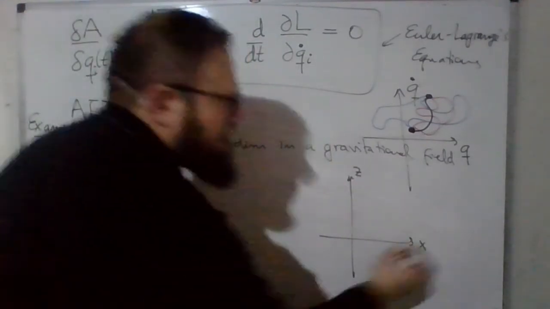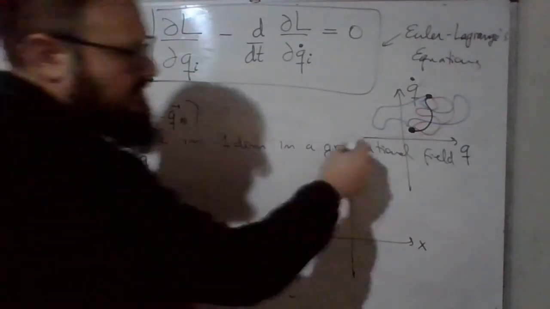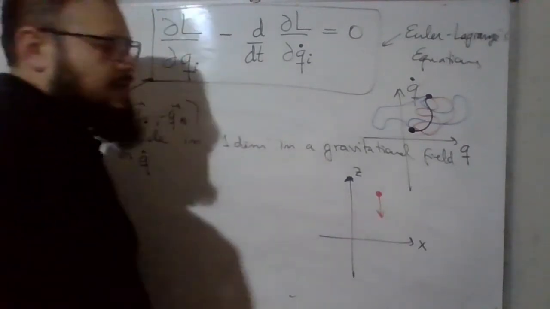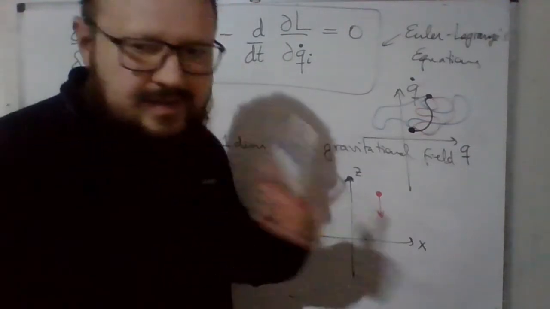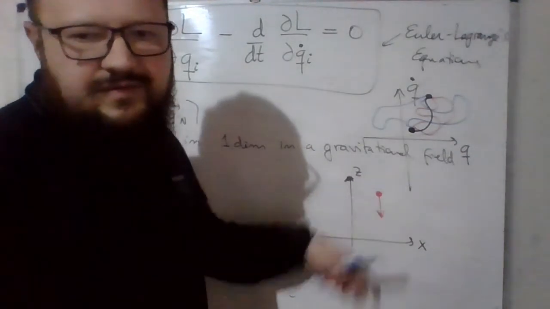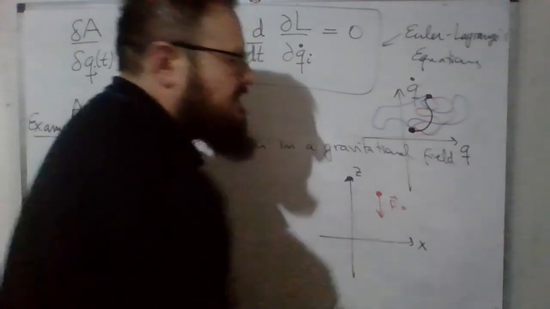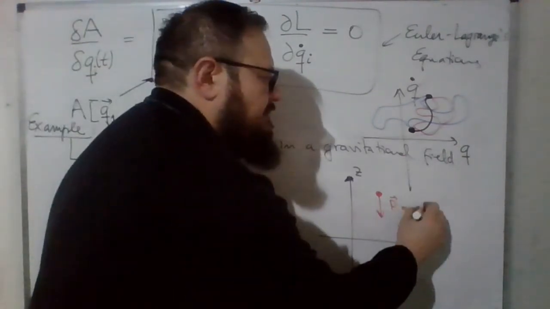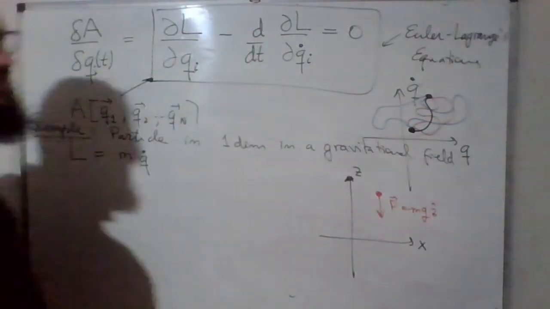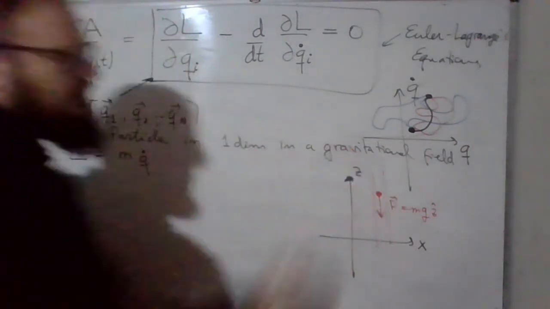Okay, this is the x-axis, but the particle is just allowed to move in the vertical axis here. The particle has a tendency to go downwards because of the gravitational field. There is a force here, which is the weight force, which corresponds to mg in the direction of z, in the negative sense of that axis. And the particle is just confined to move in the z direction.